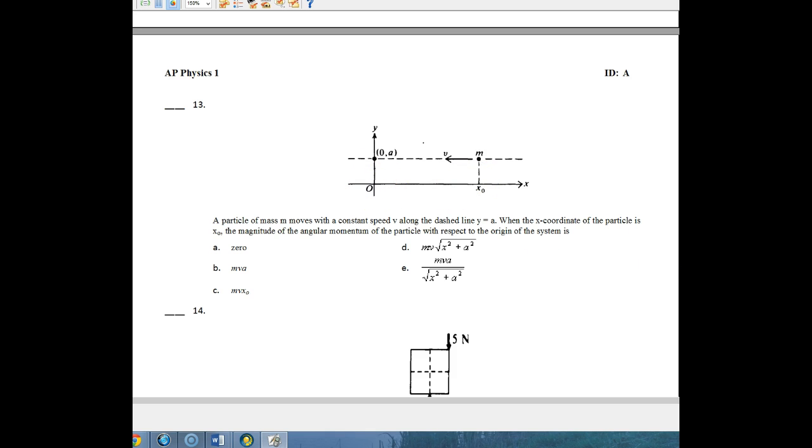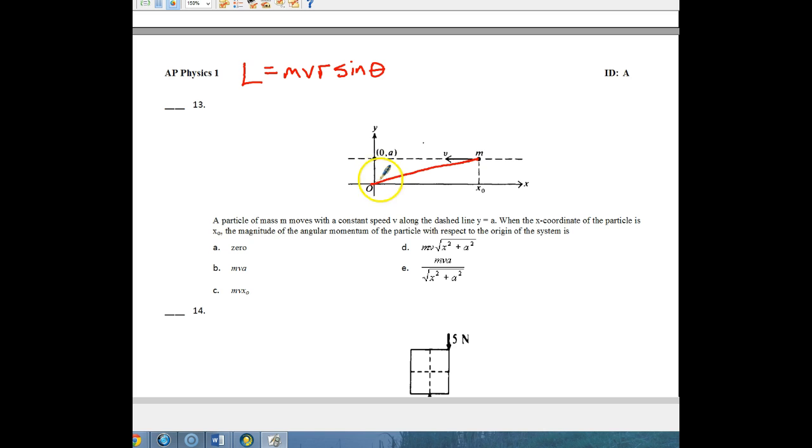This is one of those weird problems like the one we did with the 3 points, but we're going to look at this origin. Instead of going to the right this time, this one's going to the left. We know that we have a radius right here. So here's our radius, and we'll say the angular momentum is equal to m times v times r, and then it's also times the sine of the angle that we are looking at.